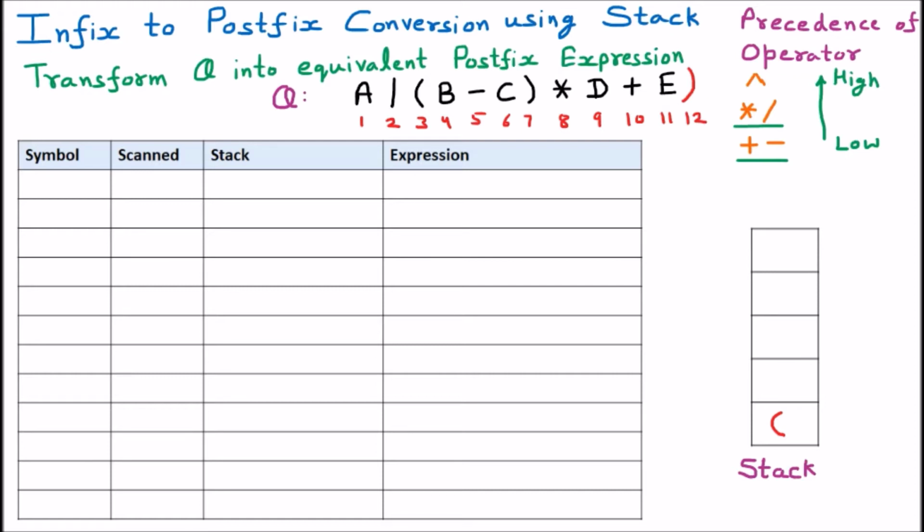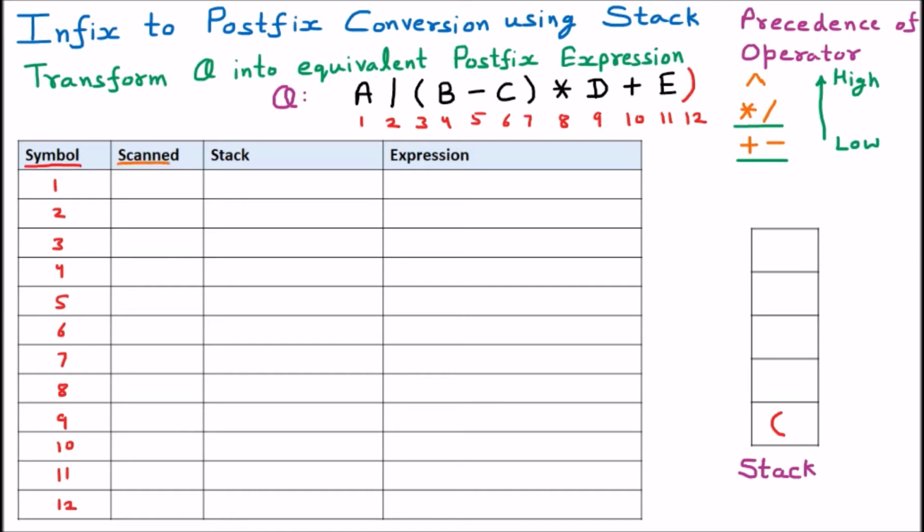The first thing in the table is the symbol, so we enter the numbers of the symbols 1 to 12. Next we have the scan.